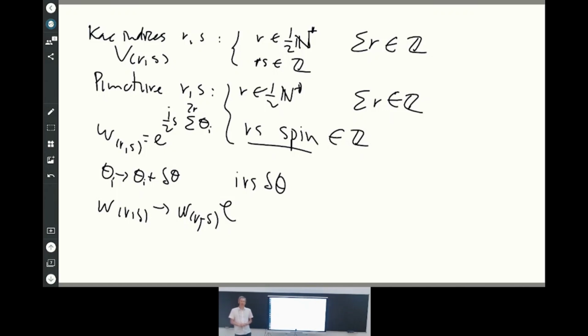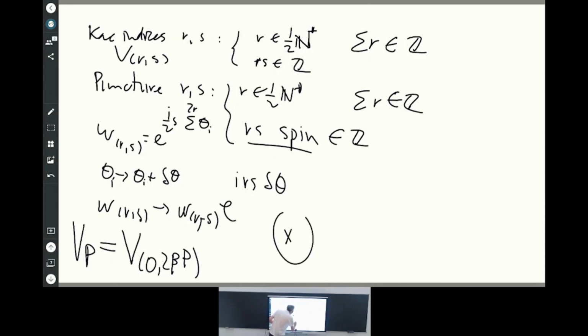Okay? So if you're following me, we'll try to deduce the identification of parameters for the diagonal fields. We have a diagonal field V_P, and the trick is that V_P we know is the same as a non-diagonal field with parameters 0 and 2 beta P. What we want to know is the weight W, which should depend on P, of a loop going around this puncture.